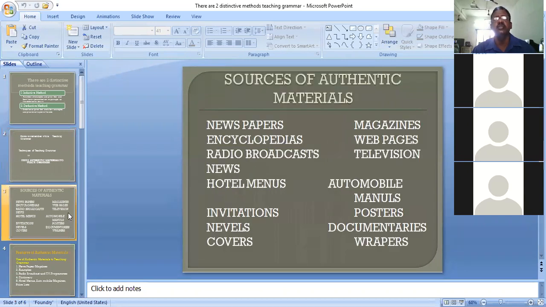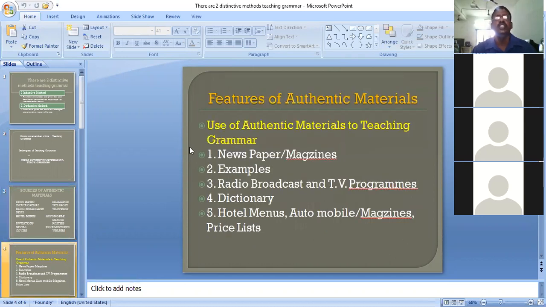What are the authentic materials? Newspapers, magazines, encyclopedias, web pages, radio broadcasts, television news, hotel menus, automobile manuals, posters, invitations, novel covers, documentaries, papers. Then next, I taught you the features of authentic materials and the use of authentic materials to teach grammar.